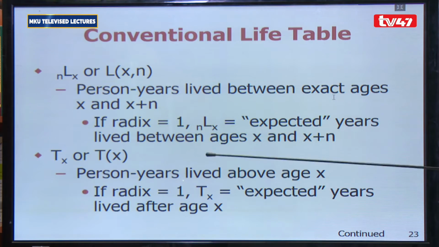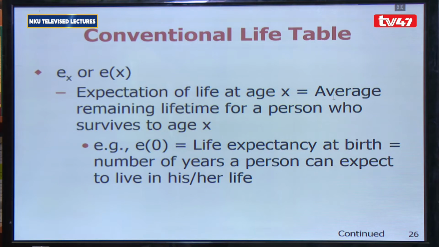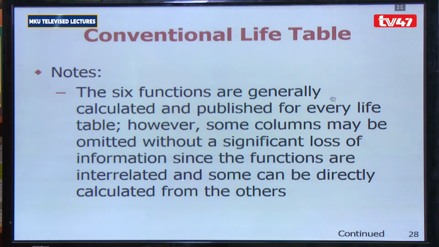This is the person years lived above age x, or the expected future lifetime of a given life. Then we have e subscript x. This is the expectation of life at age x, and it is given by the average remaining lifetime for a person who survives to age x.